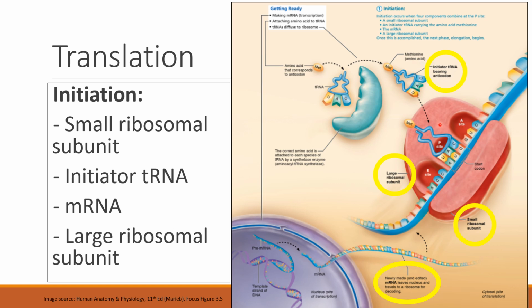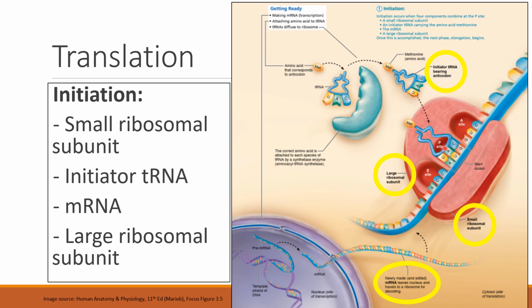These ribosomal RNA, small subunit and this large subunit, will then join together onto this piece of messenger RNA at the initiator site. Okay, this is the initiator site, and that is called a start sequence.